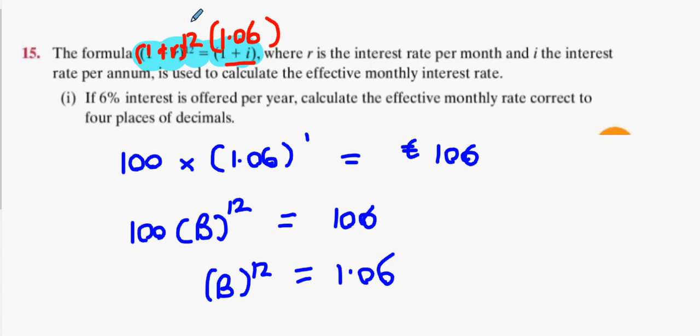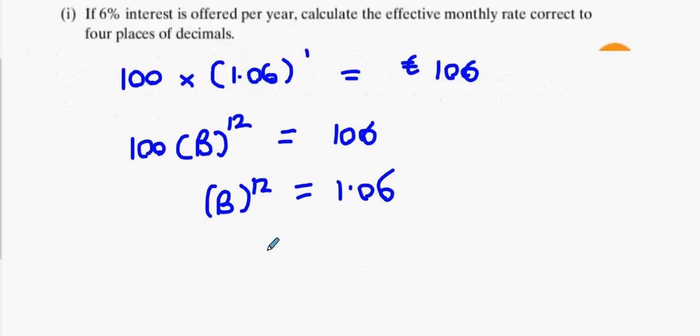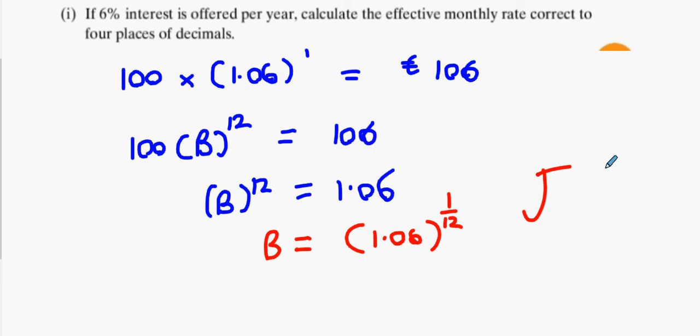My B letter represents 1 plus r, where r is the monthly rate. Is that okay? r is the monthly rate. Now we're going to 12 root this, or what's the other way of doing it if you're used to complex numbers? To the power of 1 over 12, or 12 root it, whichever one you want.